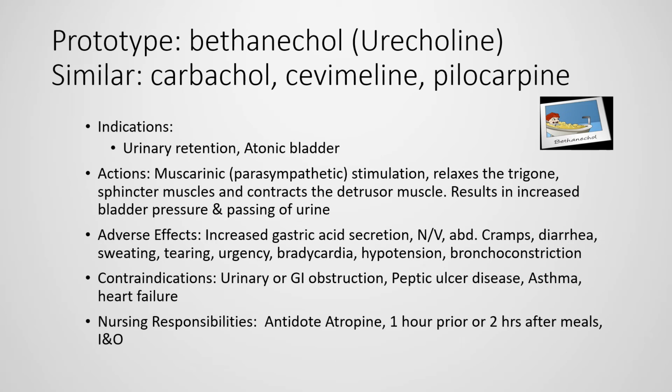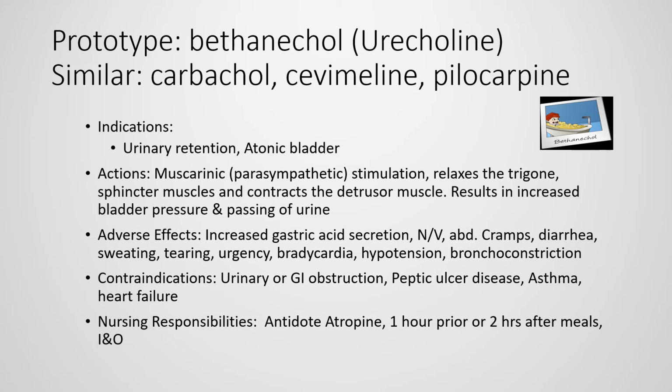What about the nursing responsibilities? So the antidote would be atropine. So say you gave someone much too much bethanechol, which is a cholinergic agonist. So it's stimulating all these acetylcholine receptors throughout the body, and they're tearing and they're drooling, and their eyes are really constricted, and they've got diarrhea and vomiting from all this parasympathetic activity.